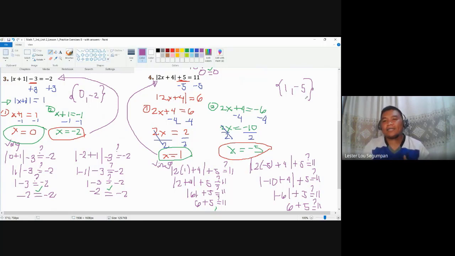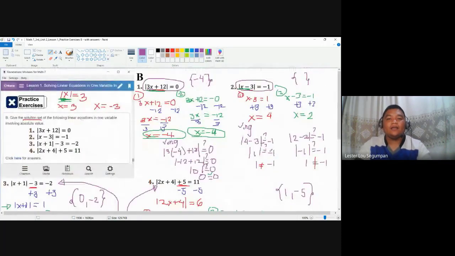The first practice exercise A in the previous video talks about basic forms. And now we have here, I'm not saying these are the most difficult forms. We still have many difficult forms for absolute value equations, but I believe as of this level, this could suffice for your understanding.